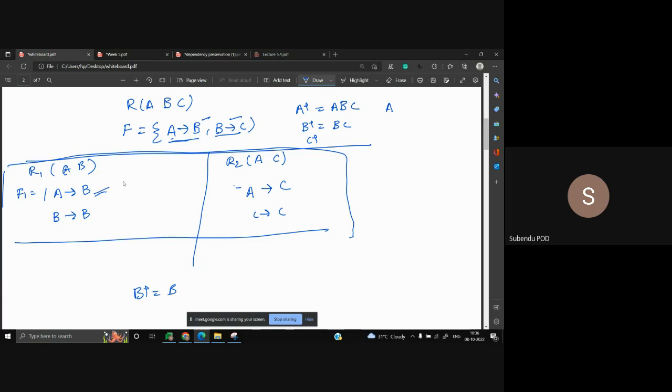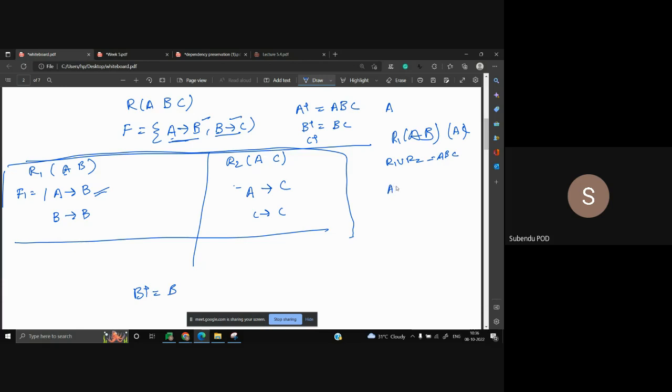To find whether it is lossless or not, you can see AB and AC, right? You can see R1 and R2, and the common attribute should be a key.